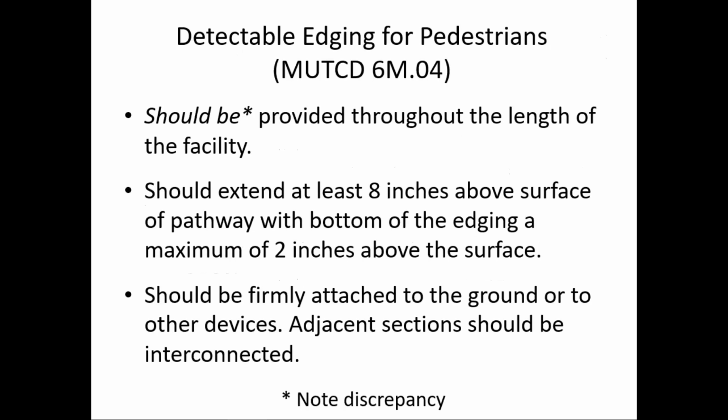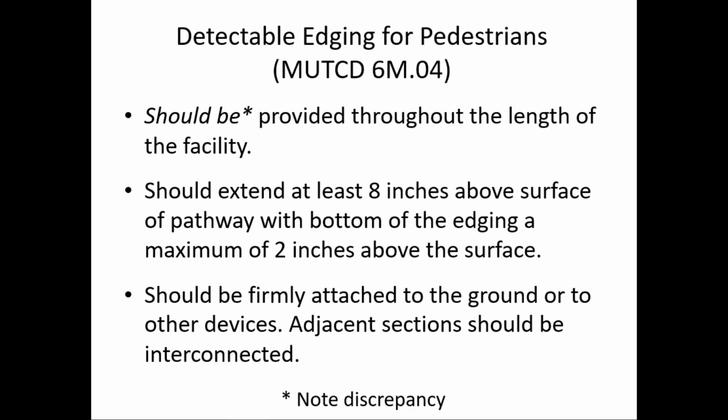So what does the MUTCD say about detectable edging? This is section 6M.04, and notice, remember, PROWAG requires it. It was a shall. In the MUTCD, it's a should. So this is a discrepancy.